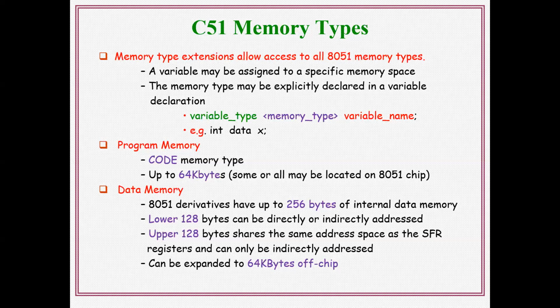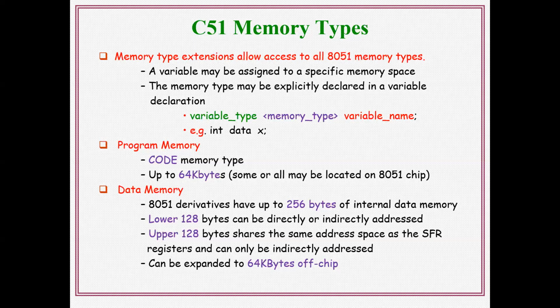In a C program, memory type is not supported; only variable type and variable name are supported, like int A. A is a variable and int is its type. But here it supports int data x, which indicates x is a variable of type integer, and the memory type declaration is data.